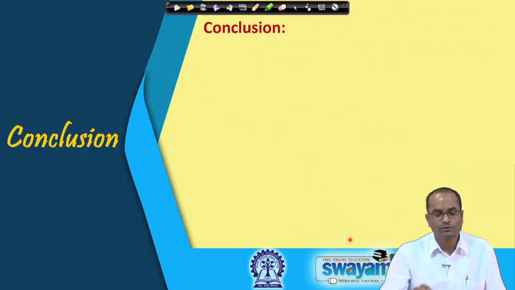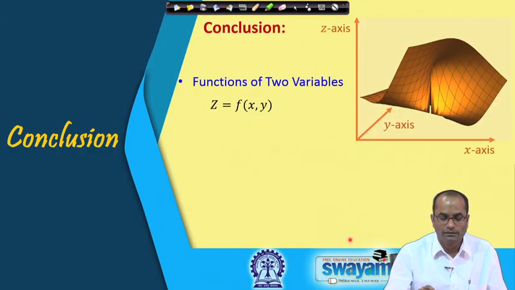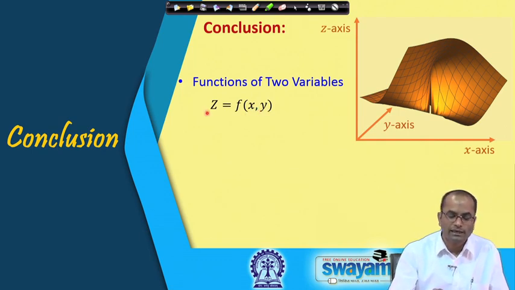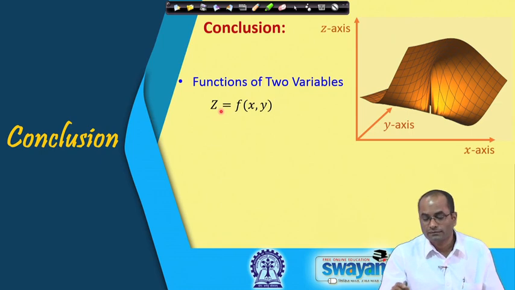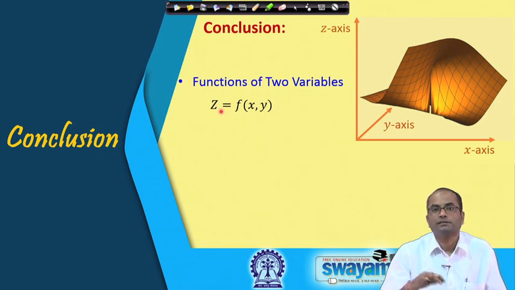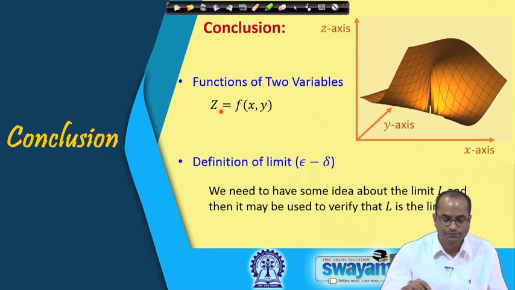So, now to conclude, we have discussed the functions of two variables, mainly z equal to f(x, y). Here x and y are the independent variables, so they can take any values, and z depends on the functional value here. We have also seen that such functions represent a surface in xyz space.